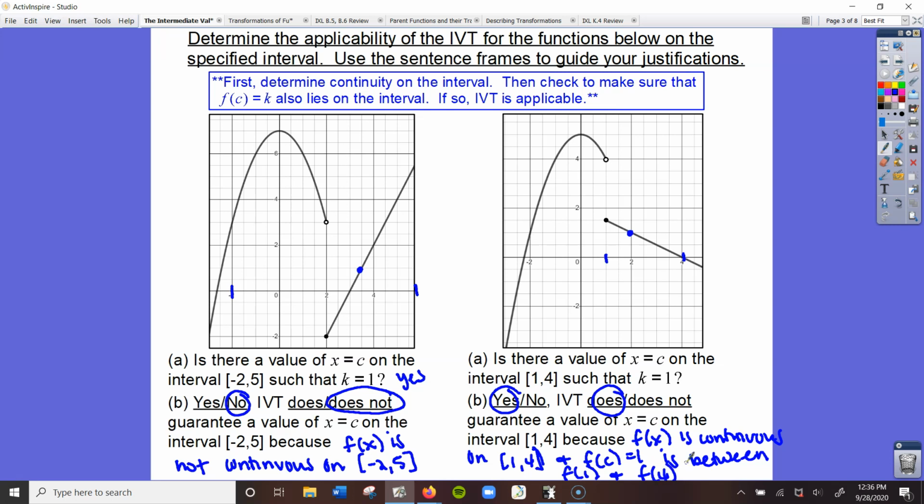And at this point, we can also say that the value of c is equal to 2. So every time you're solving for a value, what you're solving for is the x. Since we are given the y, we have to find the x. So now, how do we actually find the c value if we don't have a graph?